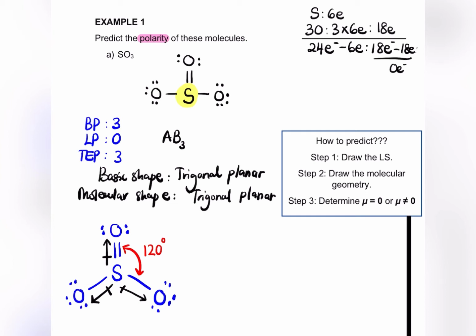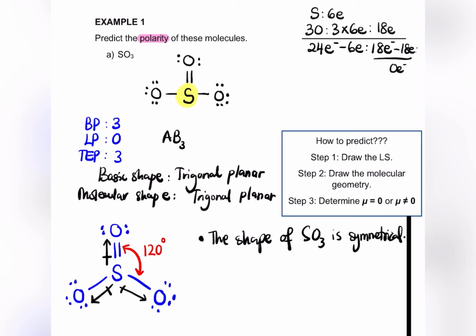So the next step, you have to see whether the shape of SO3 is symmetrical or not. As you see, if we have a trigonal planar shape, the shape is like a triangle. So of course, whichever side you draw is just the same. So we can conclude here that the shape of SO3 is symmetrical.